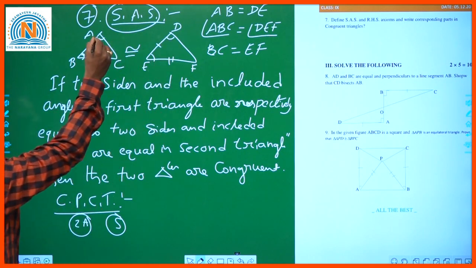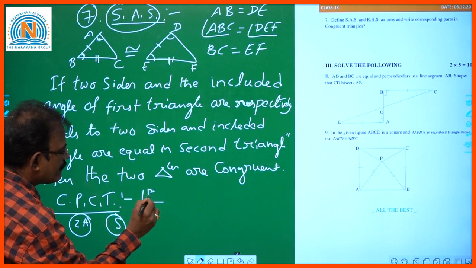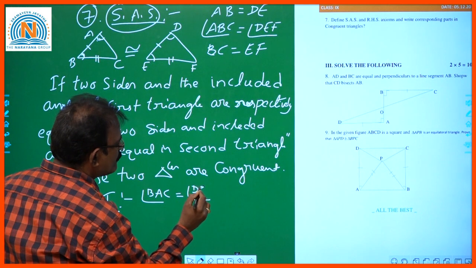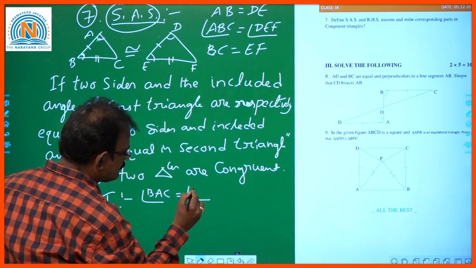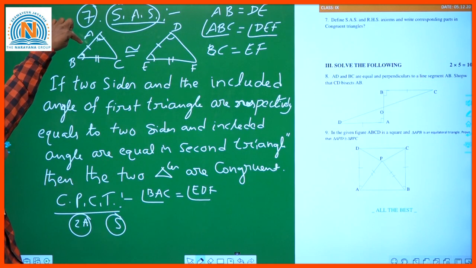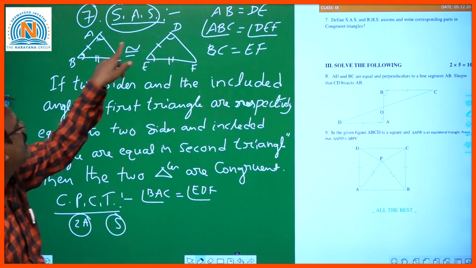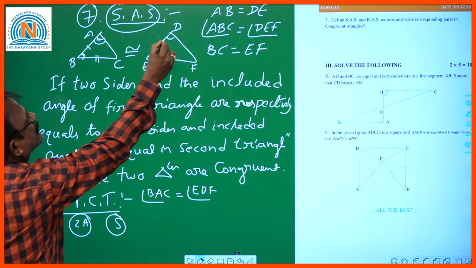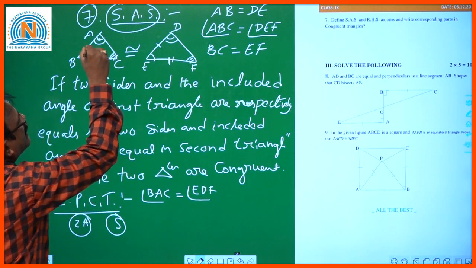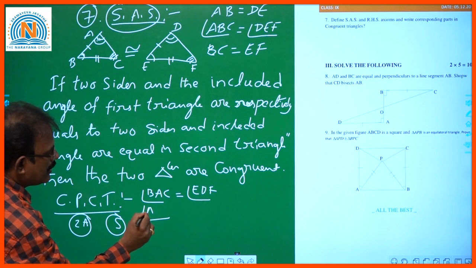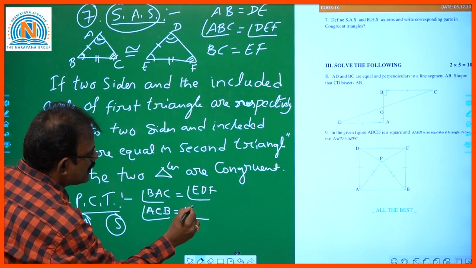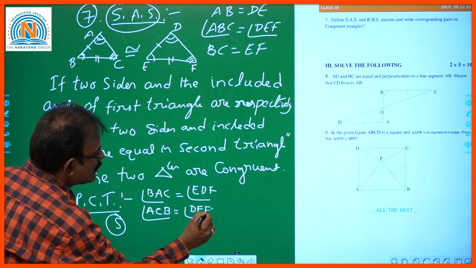So if BC is equal to EF, then the angle opposite to this, keep A in middle, angle BAC is equal to angle EDF. Another angle opposite to AB and opposite to DE: keep C in middle, ACB, and here keep F in middle, DFE.